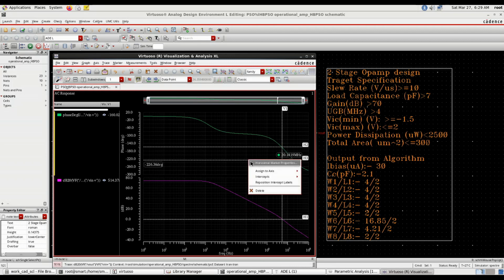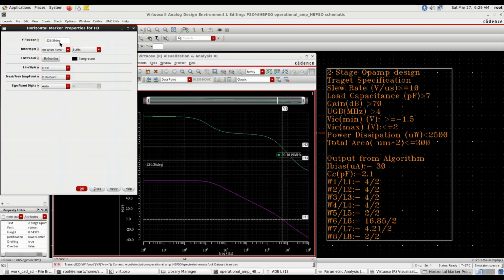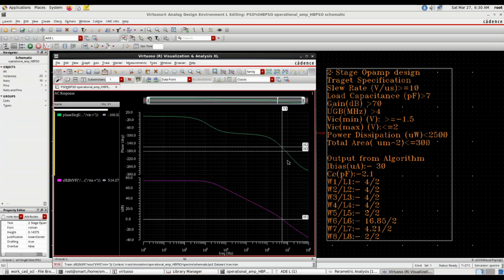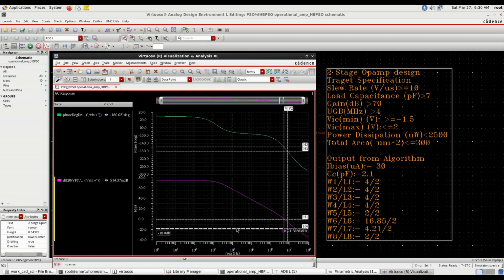For checking the phase margin or phase crossover frequency, you can give here minus 180. Now you put one vertical marker, and also here you can put one horizontal marker.